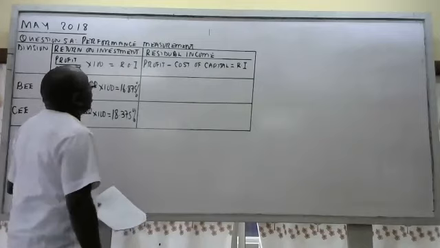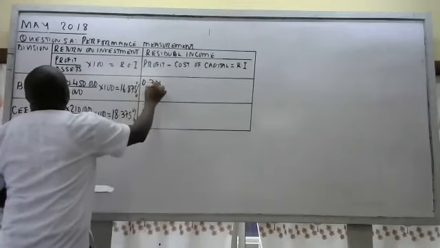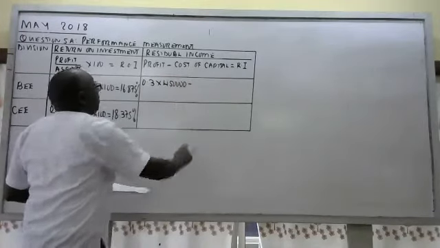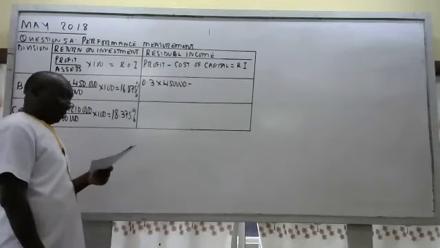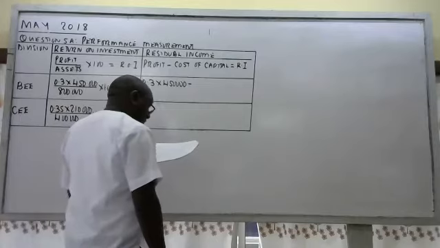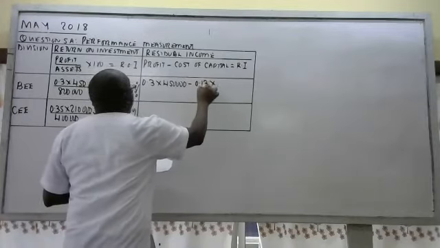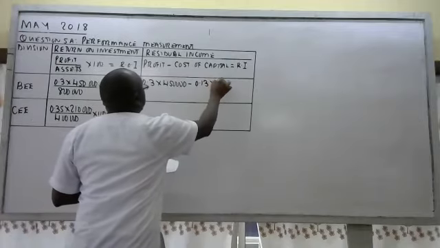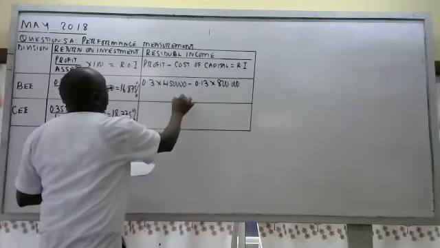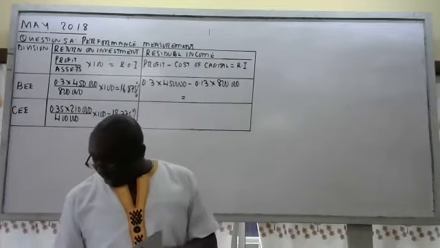Let's go to the residual income. It should be 0.3 times 450,000 minus the cost of capital. Cost of capital, we are told, is 13%. So 0.13 times 800,000. So tell me how much that will be.